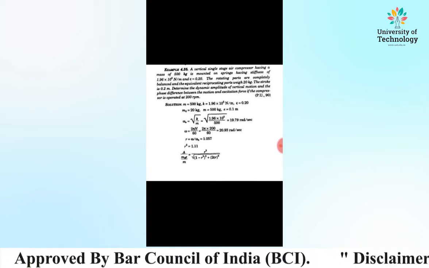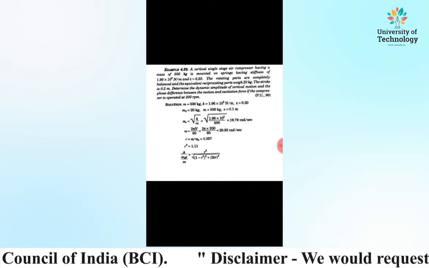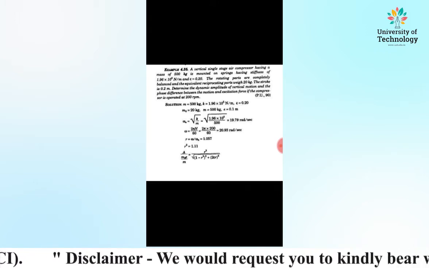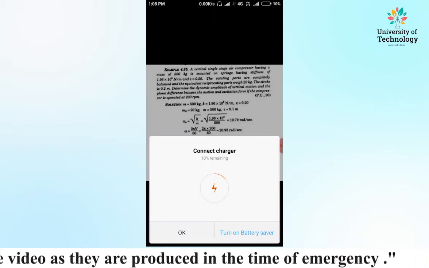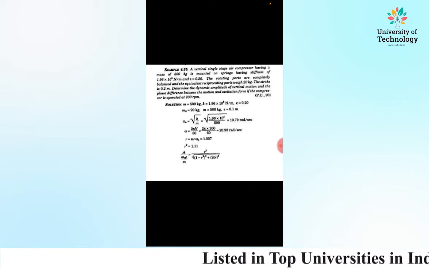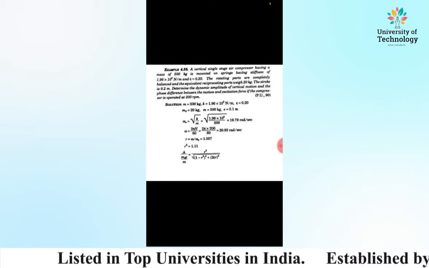First of all, we see that m is equal to 500 kg is given, k is equal to 1.96 × 10^5 Newton per meter, that is the stiffness of the spring.